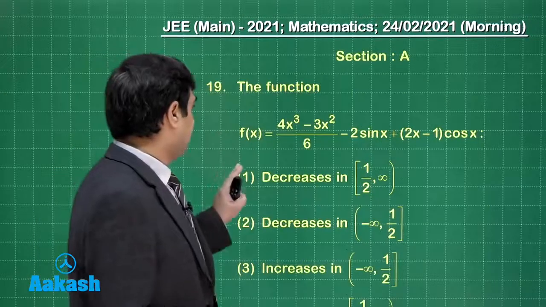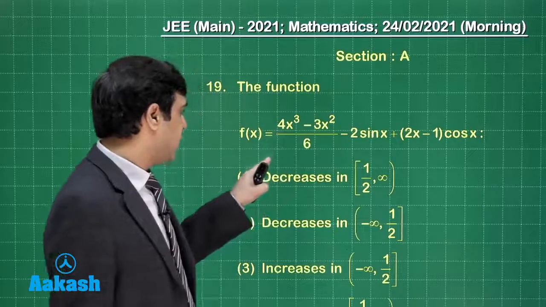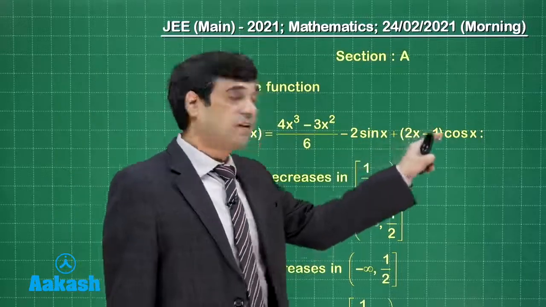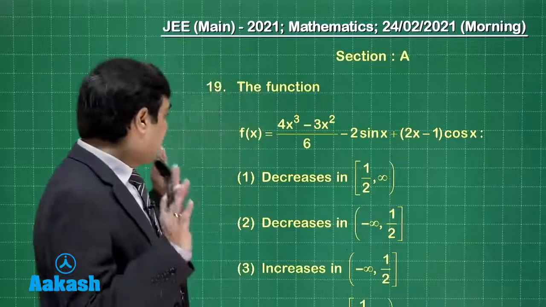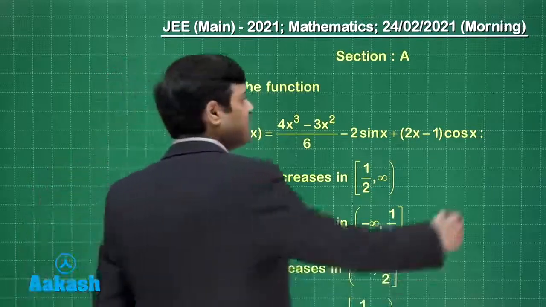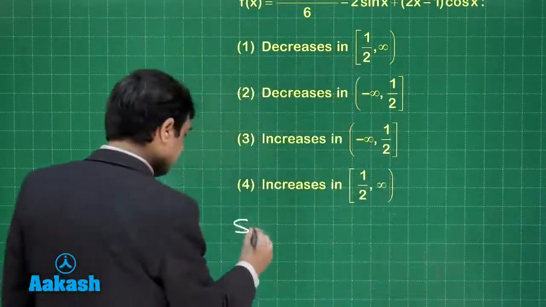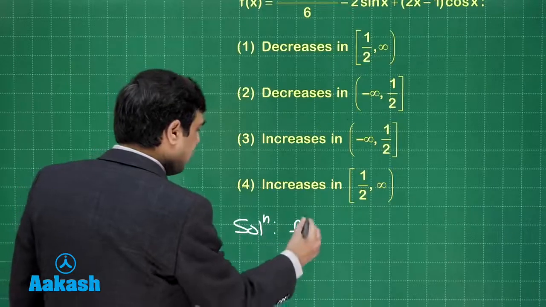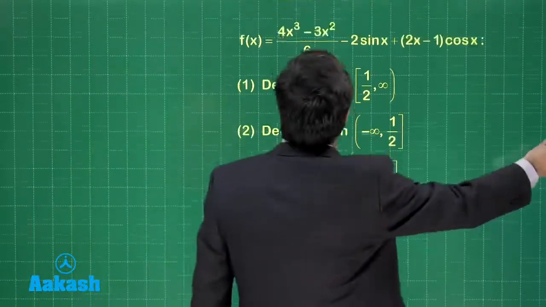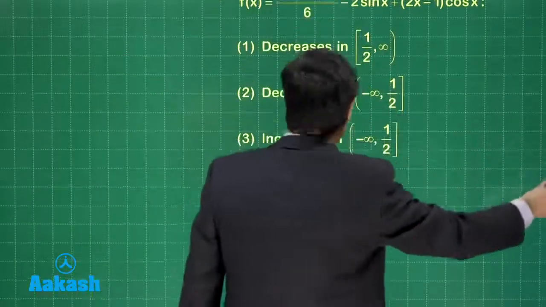The function f(x) equals (4x cube minus 3x squared) divided by 6 minus 2 sin x plus (2x minus 1) multiplied with cos x. We have to talk about the decreasing or increasing nature in a given interval. Let's try this question. On taking the derivative of the function, we find (12x square minus 6x) upon 6.